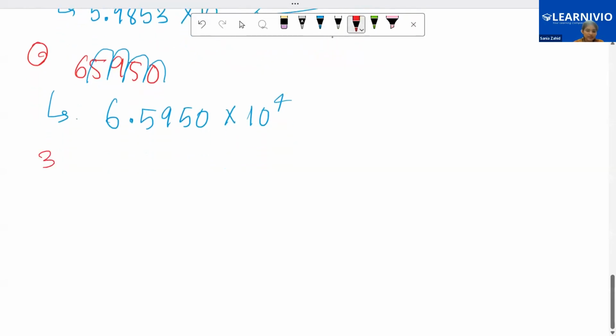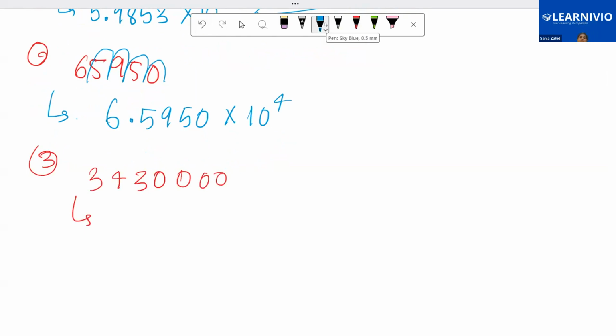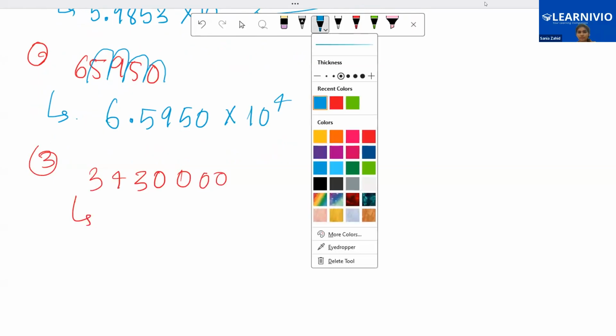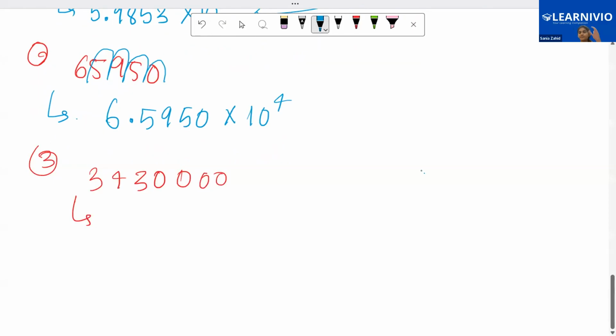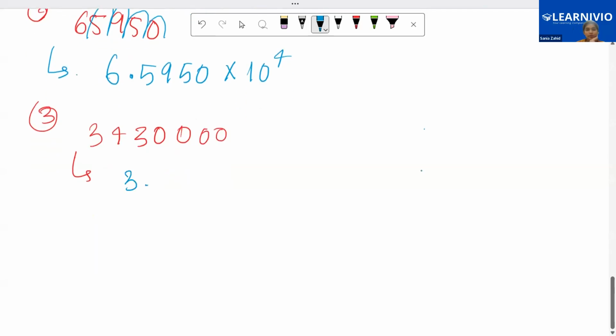So next is 3430000. Okay, Harmeen, tell me the answer for this one. 3.430000 into 10 to the power 6, counting 1, 2, 3, 4, 5, and 6.